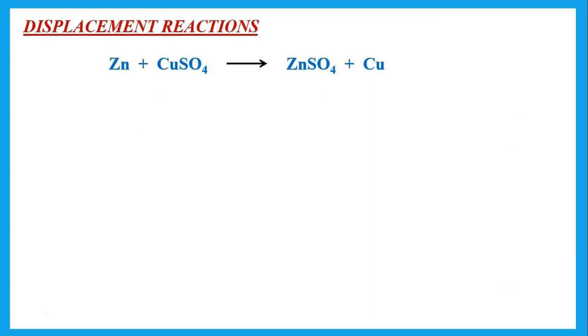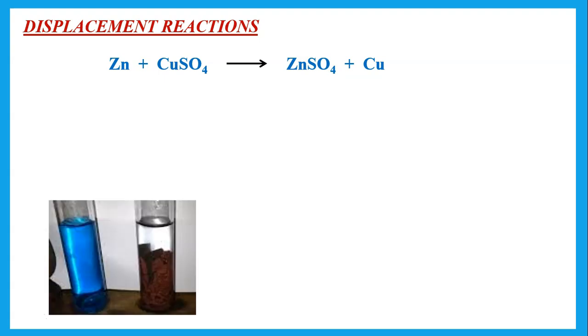Remember that a more reactive metal would displace a less reactive metal from its salt. So if we put zinc in copper sulfate solution, you should remember that copper sulfate solution originally is blue. Now, zinc is more reactive than copper, so it would displace the copper. So the copper sulfate solution will change to zinc sulfate.